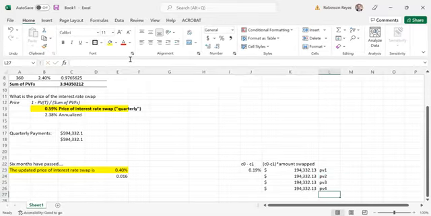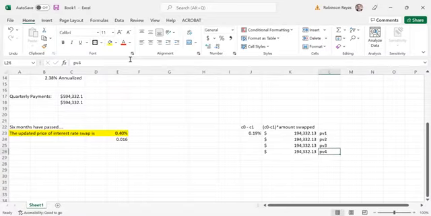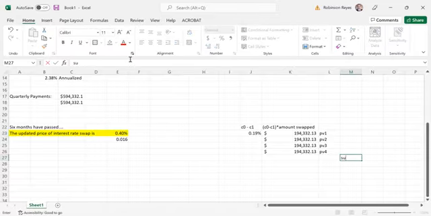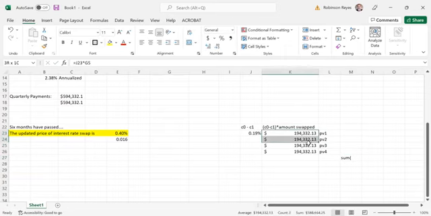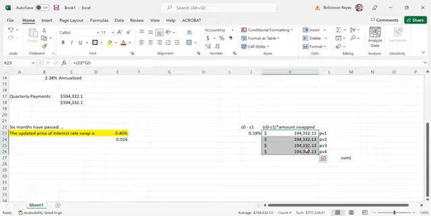Now, one interesting thing is, rather than doing this multiplied by PV1, then this PV2, then we would add all of them up, and we would get the solution. Rather than doing that, because this is a fixed amount, then we can do exactly the same we did before.